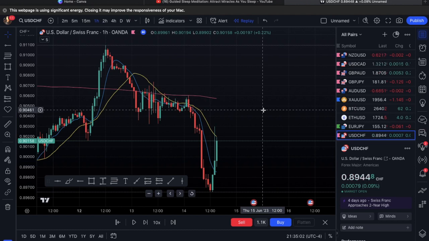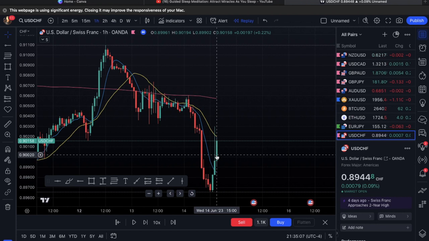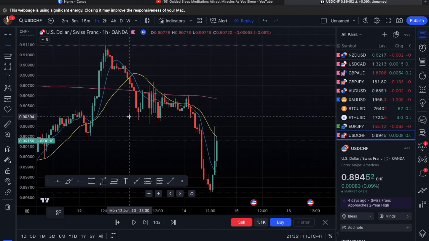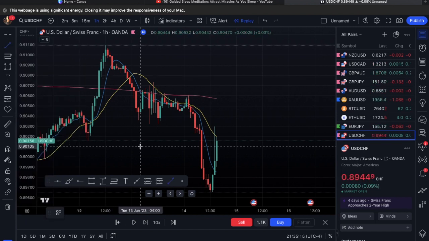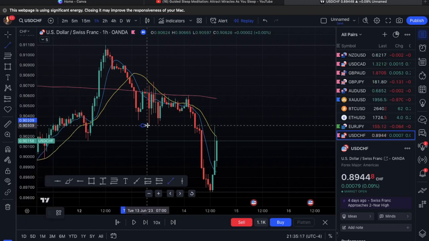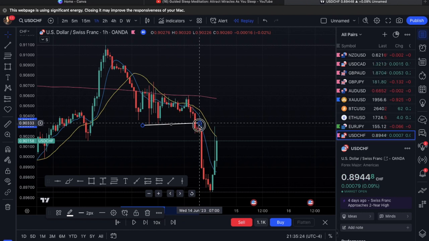All right, so it's Sunday, and I'm just going over backtesting my A plus setup. So we're starting off on the 1 hour chart, and we have a break of structure.